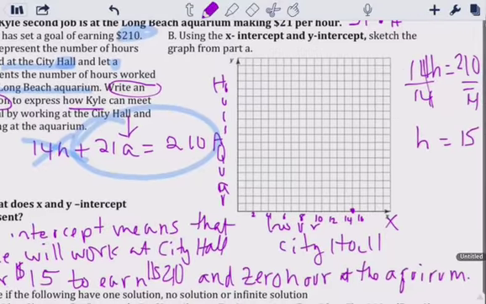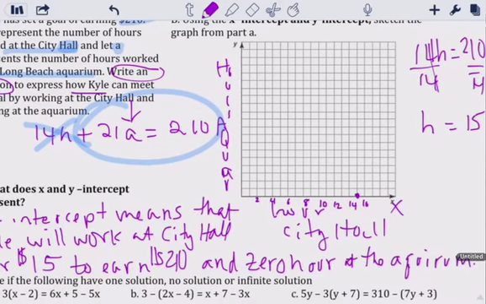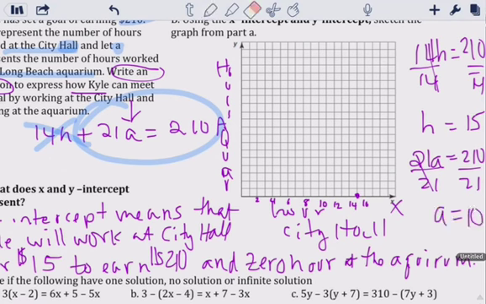You need to understand that. 21A equals 210. Divide by 21, divide by 21. So 10 hours. So you would have to work 10 hours at the aquarium. That's the y-intercept. 2, 4, 6, 8, 10, right here. You draw that.